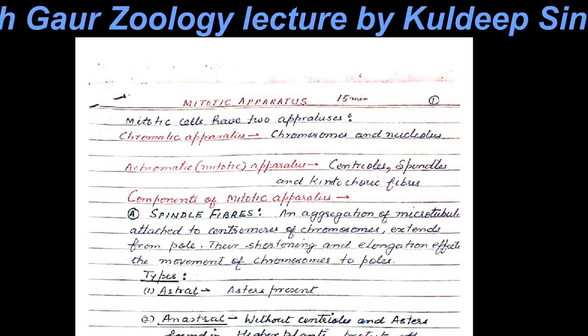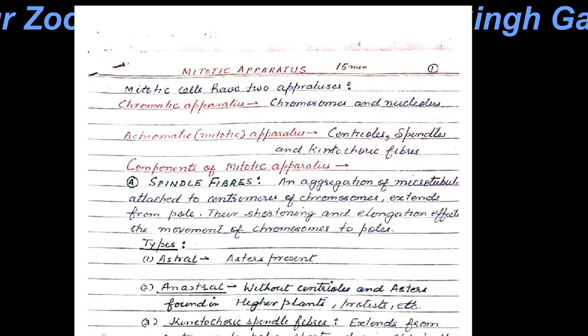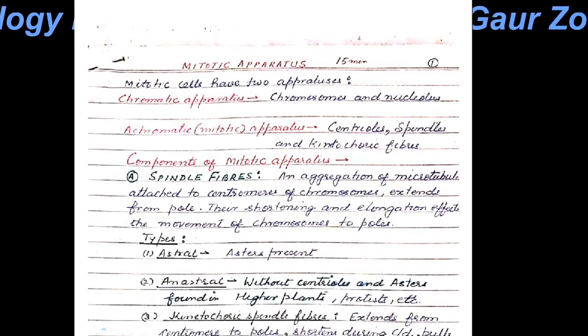Now come to the components of the mitotic apparatus. In the mitotic apparatus, we take spindle fibers. The spindle fibers are aggregations of microtubules which are attached to the centromeres of the chromosome, as is known to most of you. They extend from the pole to the centromeres.